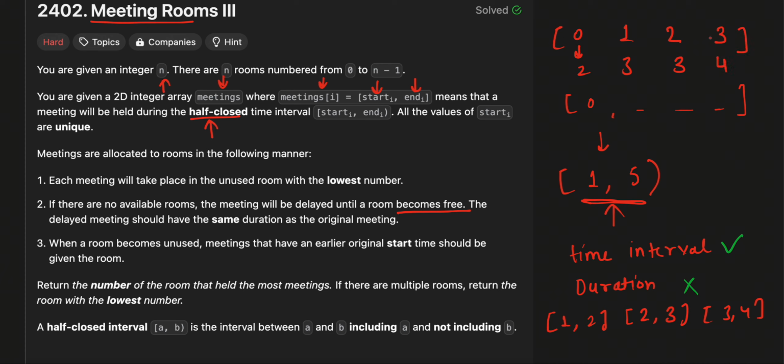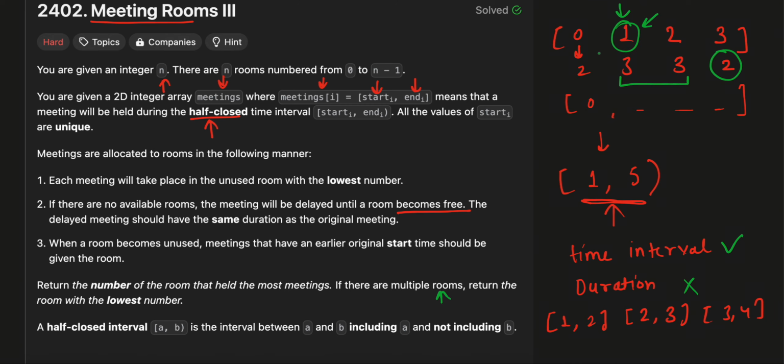The maximum number of meetings happened in one room, so in this case 4 is the count. And let's suppose there were only 2 meetings in room number 3 and the tie is between two rooms. How do we decide? If there are multiple rooms, return the room with the lowest number. So in this case 1 will be the answer.